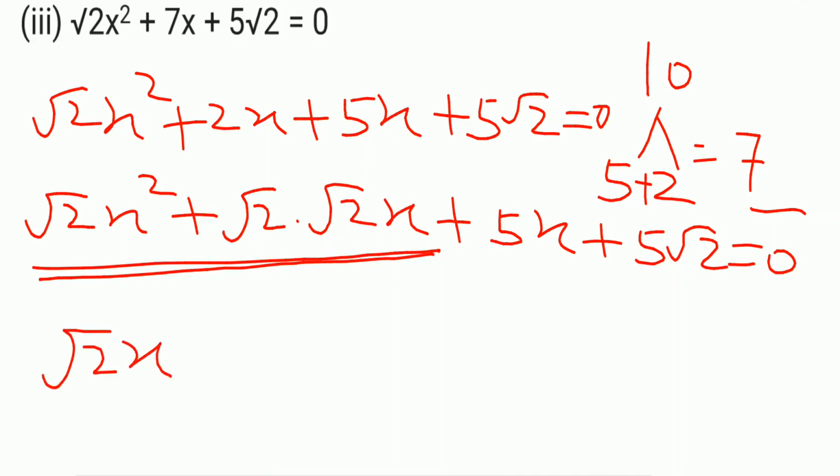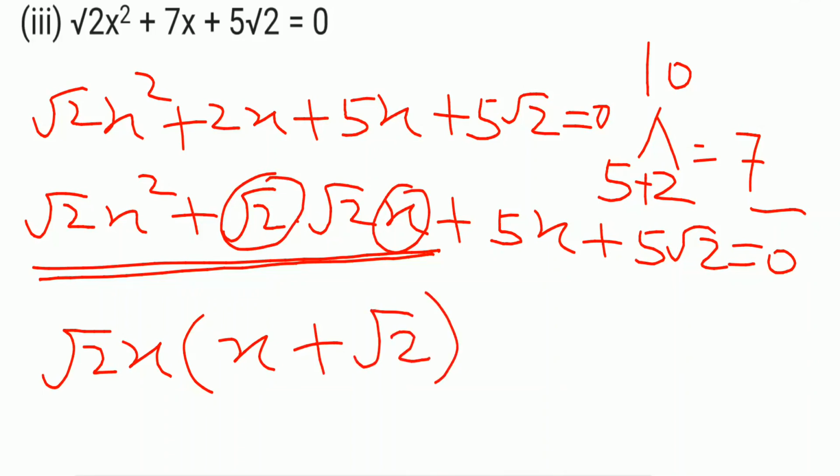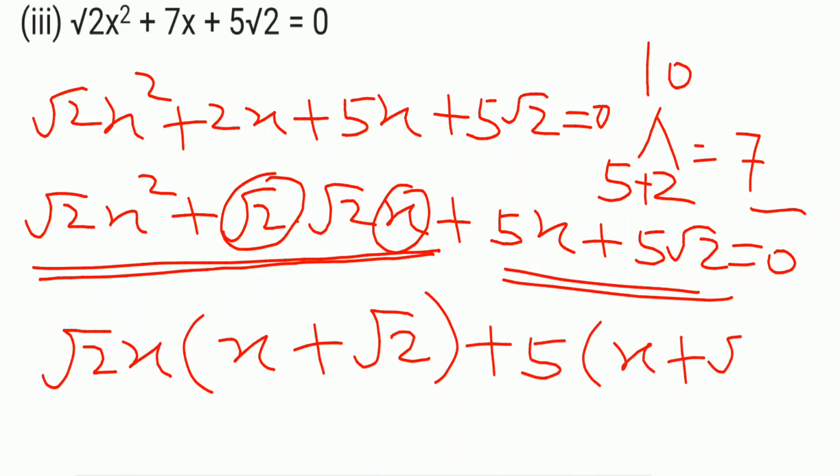Root 2 x is common. So x is left plus this root 2 is out, this x is out, right? So we have taken common. So what is left? Root 2 is left plus from these two terms what I will take common? 5. So in the bracket x plus root 2, which is equal to 0.